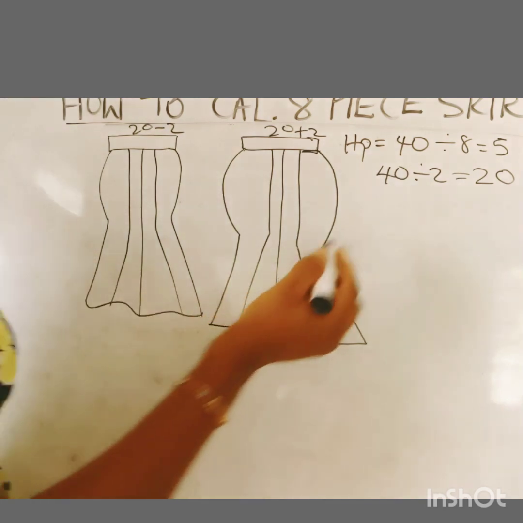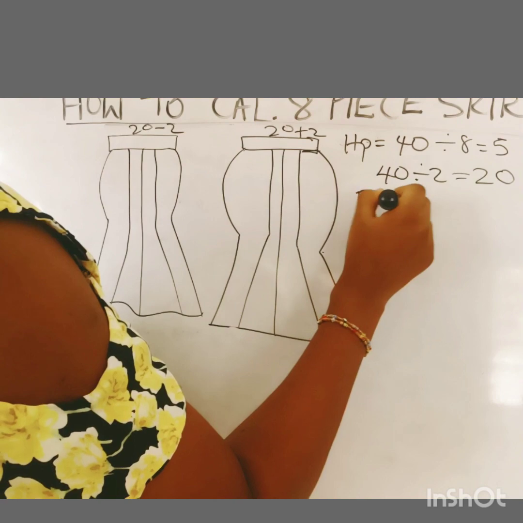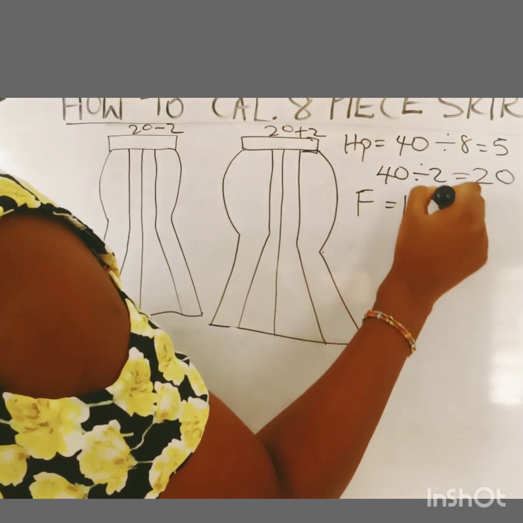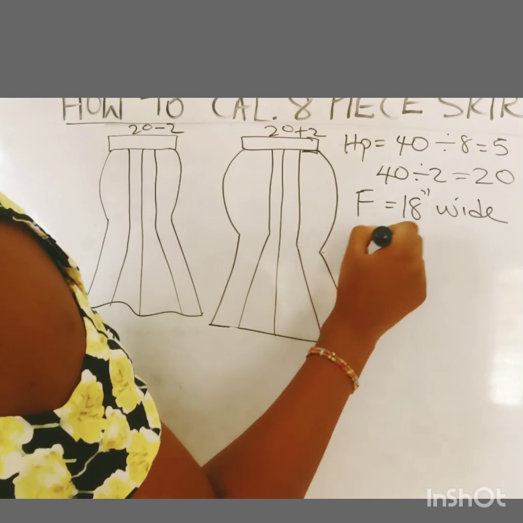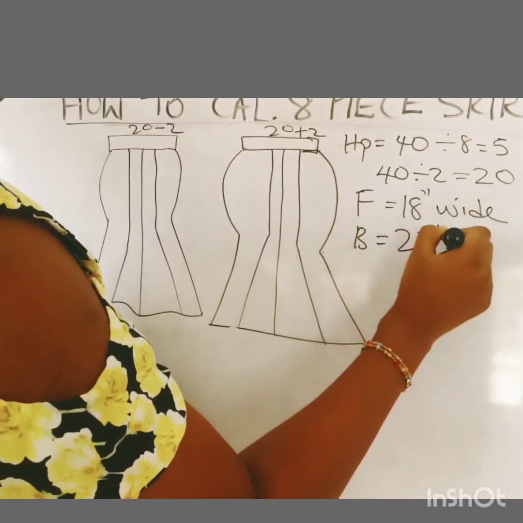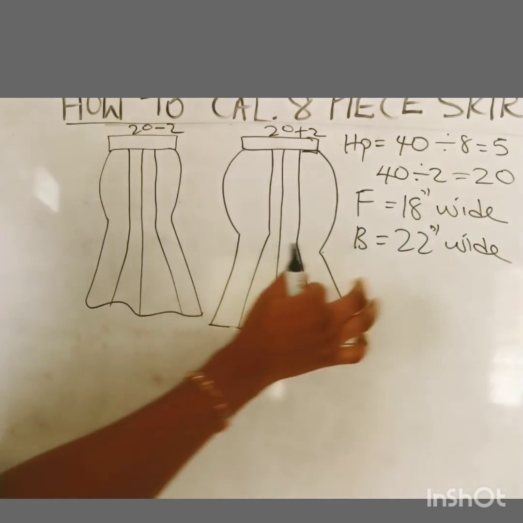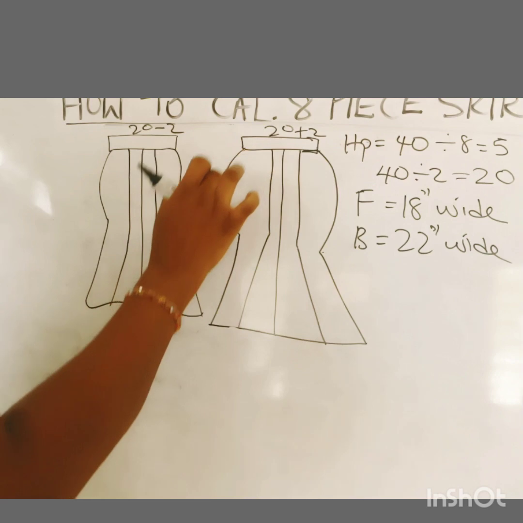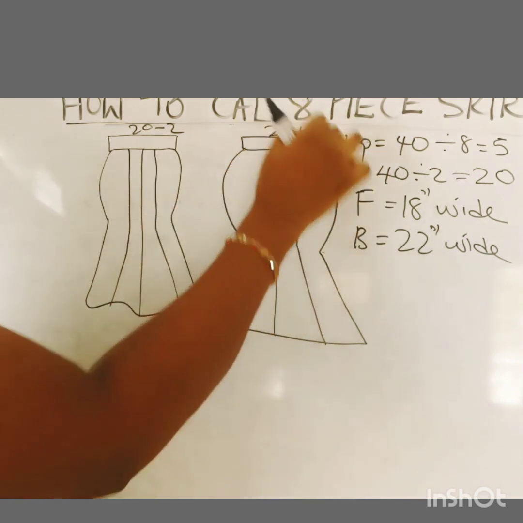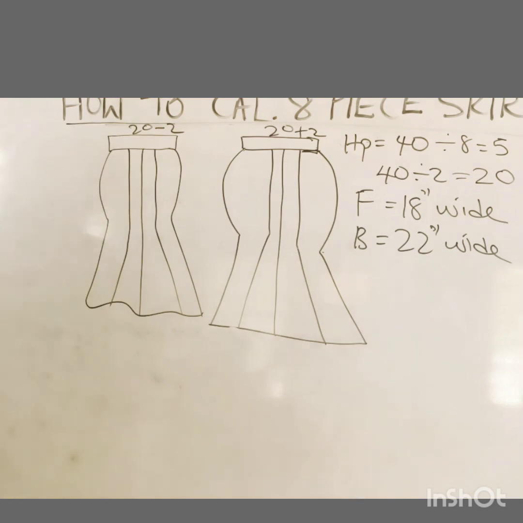In that case, the front is going to be 18 inches wide, while the back will be 22 inches wide. So you see that the back will be wider than the front because of the hip area, because of the bum.